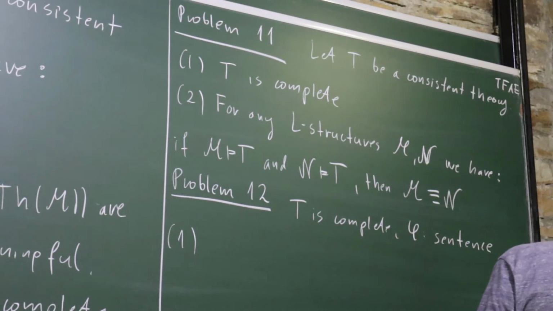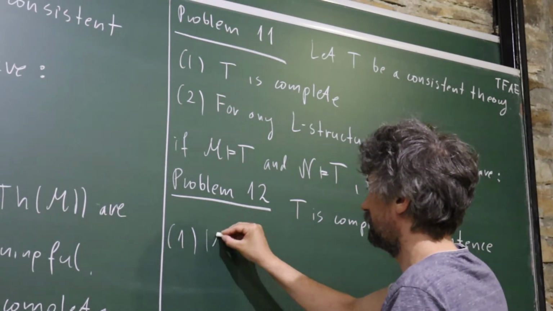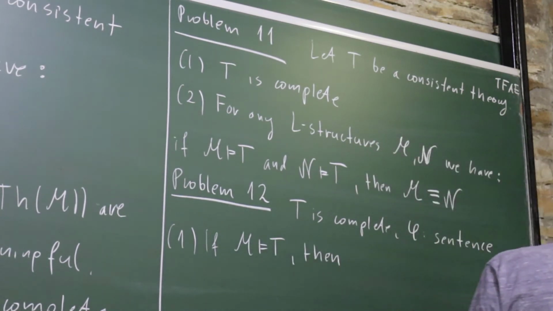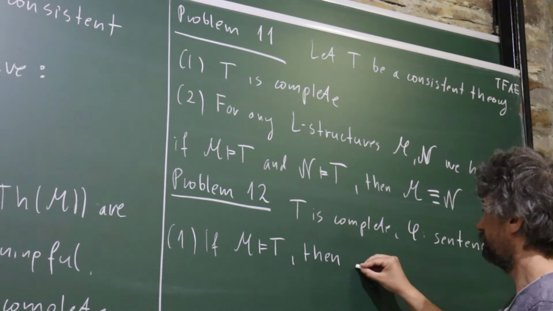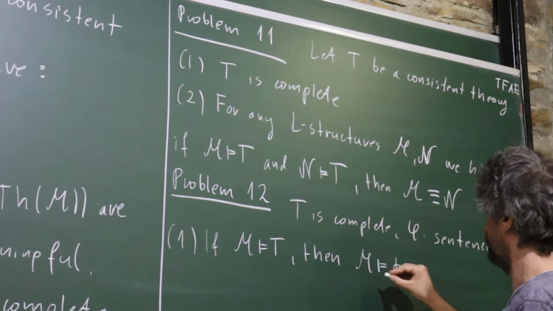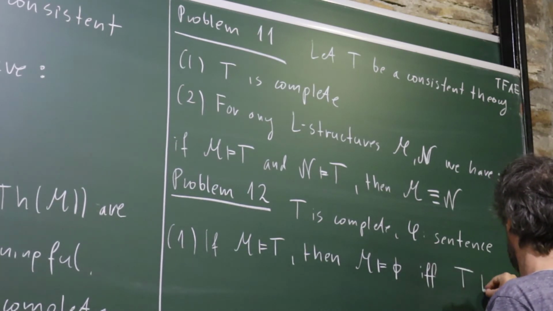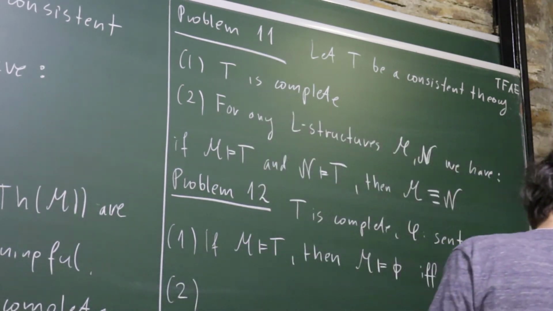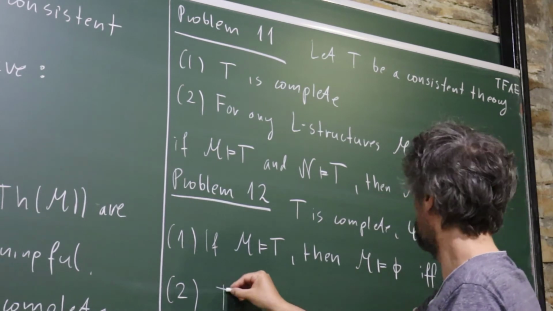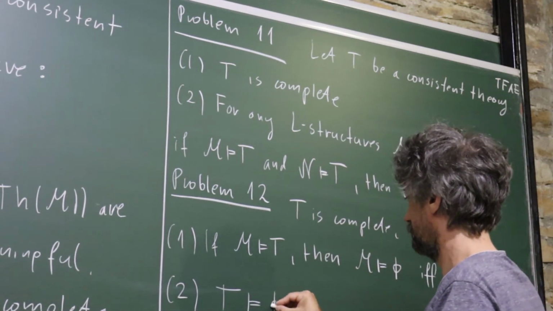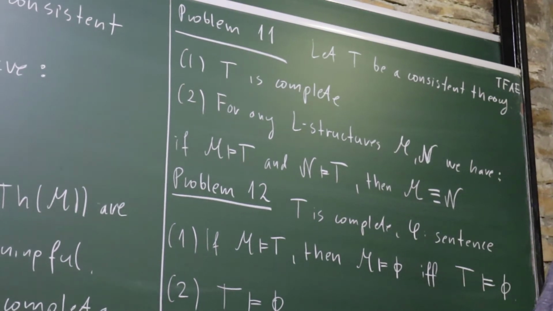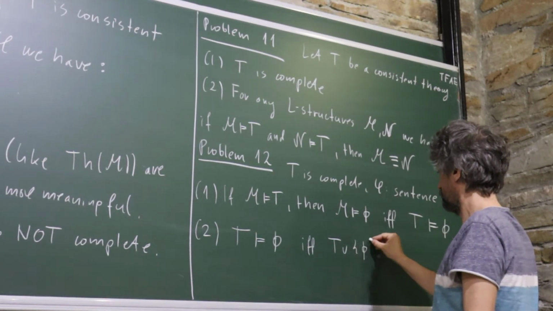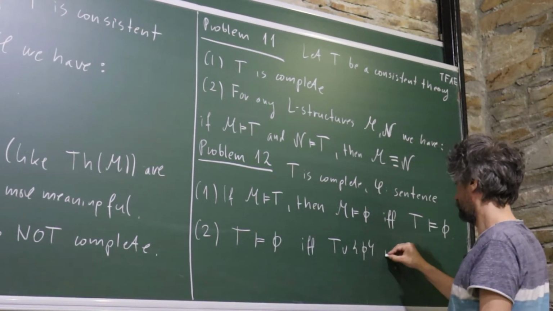First thing, if M is a model of T, then phi is satisfied in M if and only if phi is a logical consequence of T, and phi is a logical consequence of T if and only if we add phi to T, it is consistent.